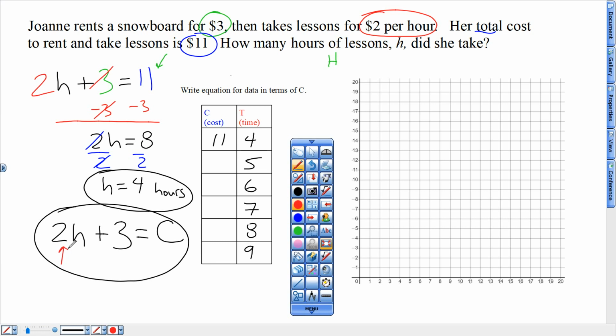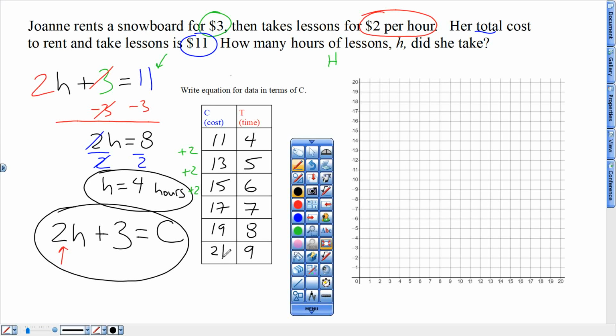So taking that 11 plus that 2 will give me the next number that goes right there. Or I could always use that equation with that C right there. So 11 plus 2, 13 plus 2, 15 plus 2, 17 plus 2, 19 plus 2, 21.